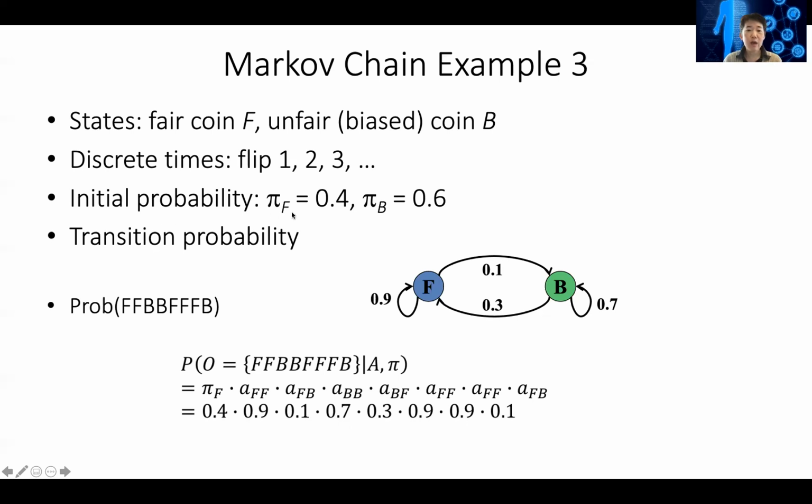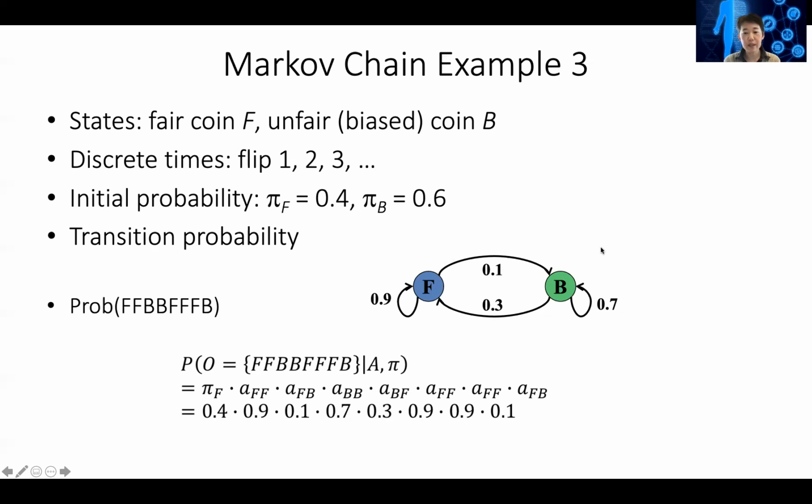We introduce this new concept of initial probability, which is the likelihood that I'm going to use a fair coin in the first place. It's 0.4, and the initial likelihood of using a biased coin is 0.6.